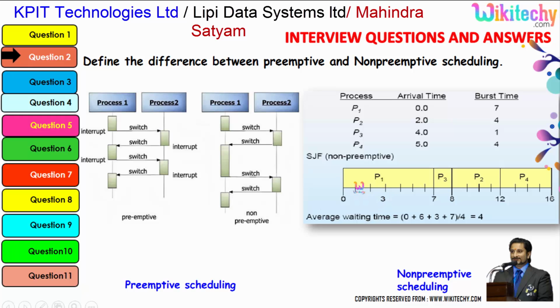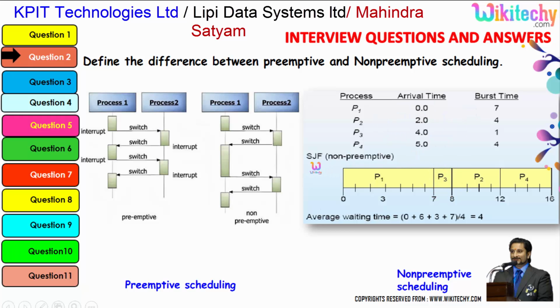Whereas non-preemptive scheduling is like once the process comes, until it finishes, the next process won't start. You can see it here. P1 is there, with arrival time 0 and execution time 7. Until 7 seconds, considering these are seconds, the next process is not coming.